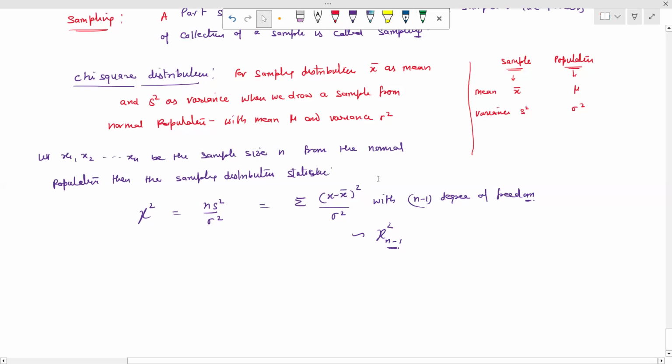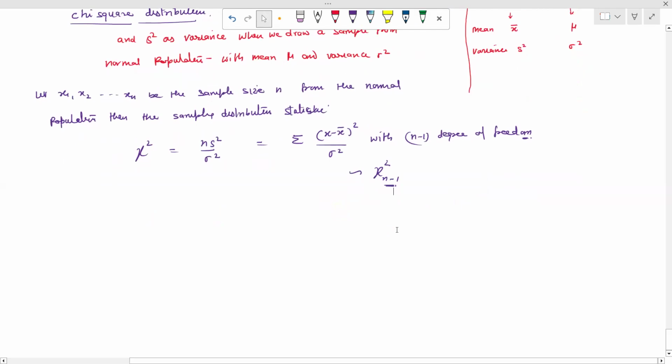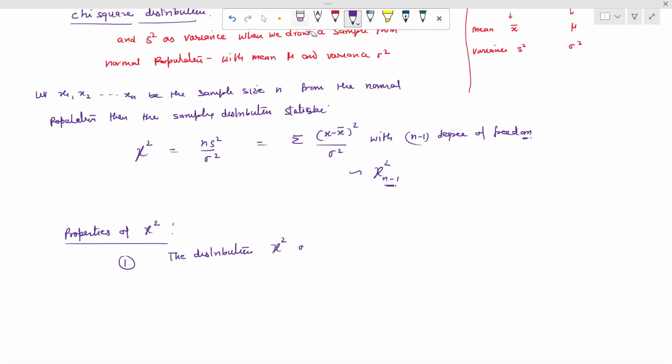Now, what are the properties of this distribution? So basically, we move to the properties of chi-square. First, this chi-square distribution lies in the first quadrant because the random variable lies in the first quadrant.